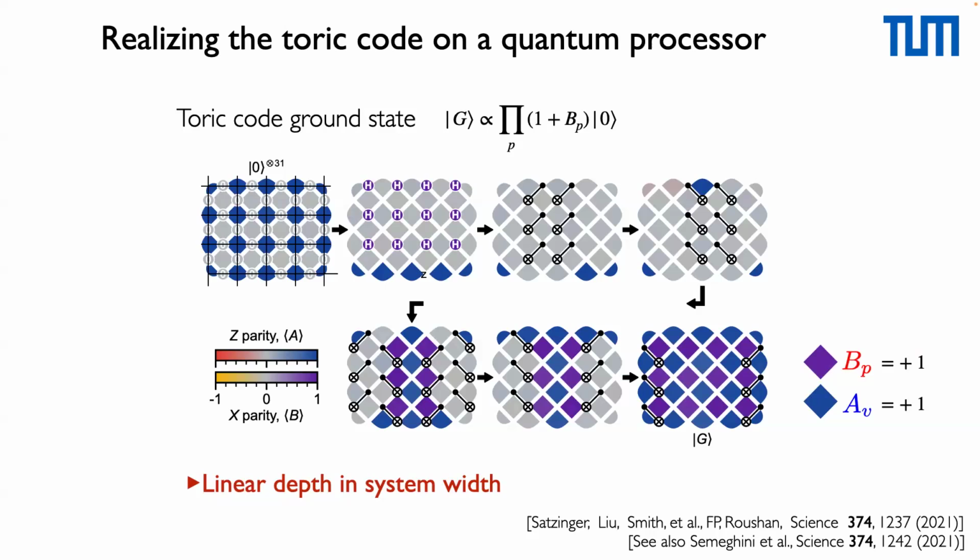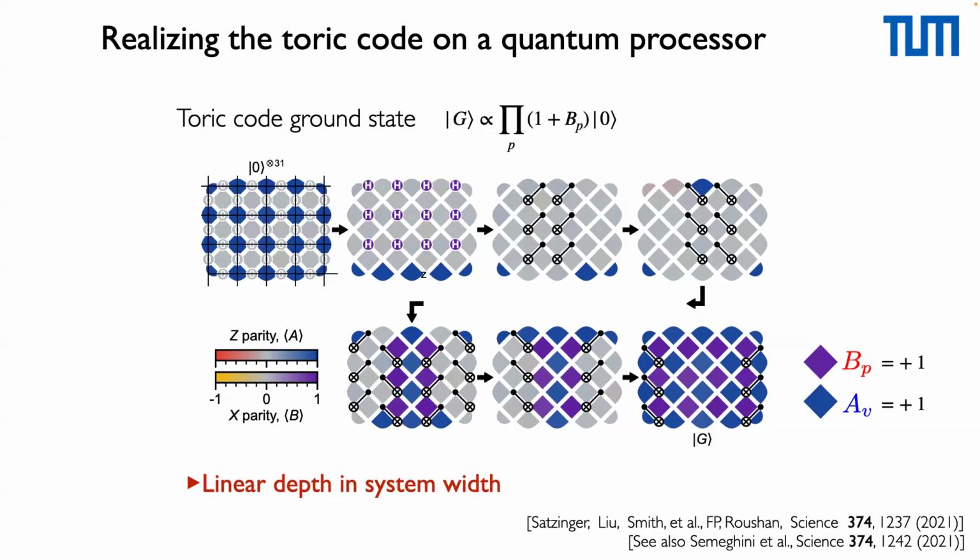First of all, I'm switching to a slightly different representation. Previously, I was showing this black square lattice, with the degrees of freedom on the bonds. These are the qubits, or the Ising-spin degrees of freedom that we have.